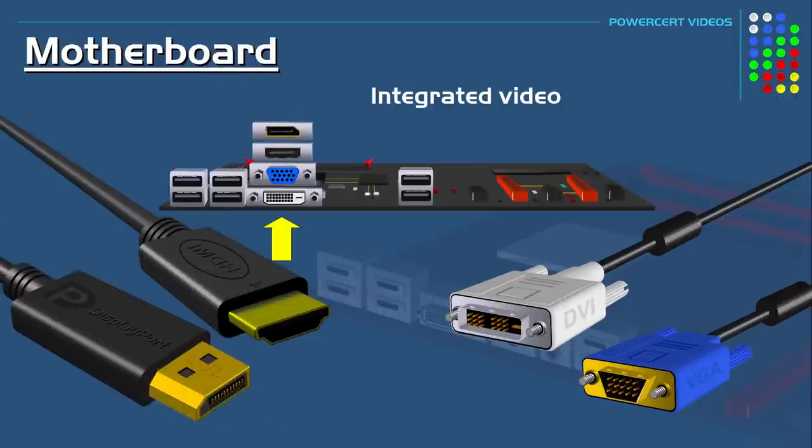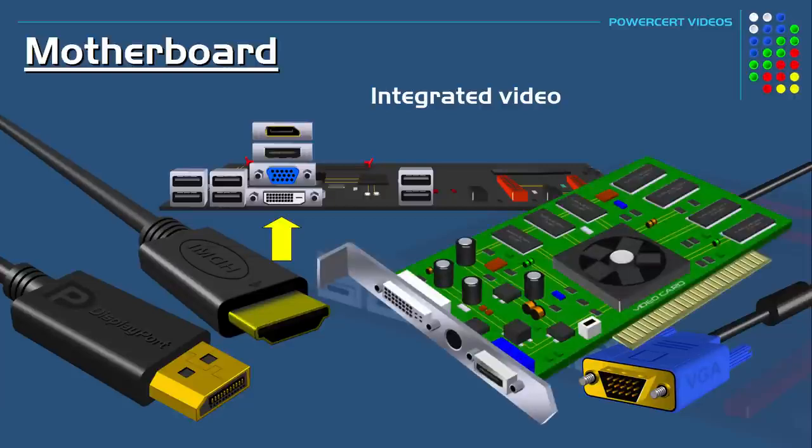Now, integrated video adapters are not very powerful. They are good for normal everyday use with light applications, but when used for extensive graphic applications, such as gaming, they can fall short. That's why a lot of people will bypass the integrated video and add an expansion video card that has enough power to suit their needs.